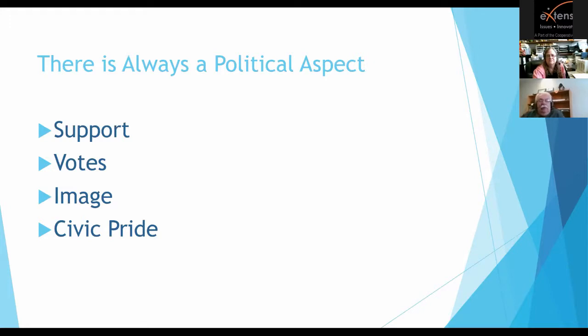Anytime you deal with regulations, you have to understand there's always a political aspect to a regulation. And when a politician or a person in office agrees to be involved in developing regulations, certain things are important to them.